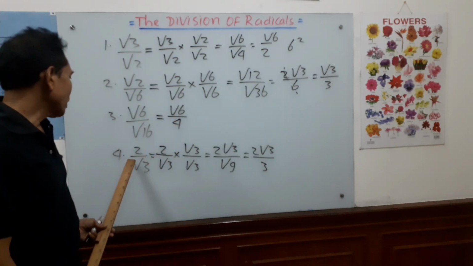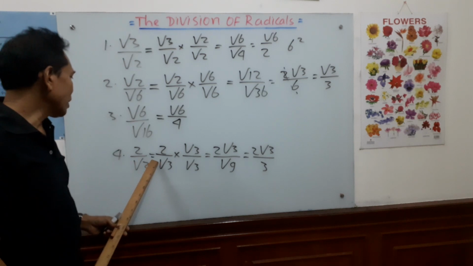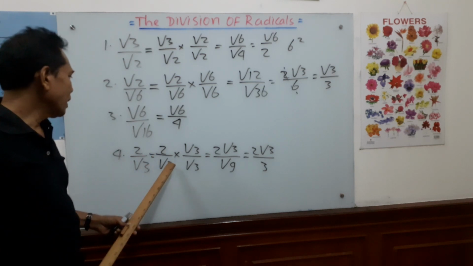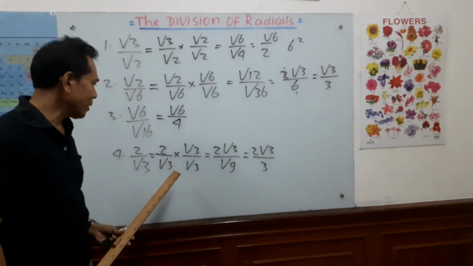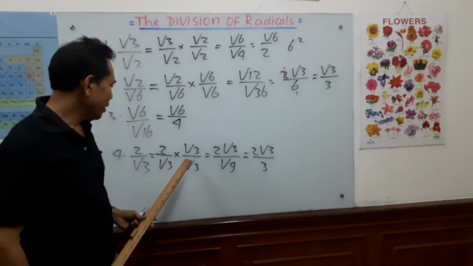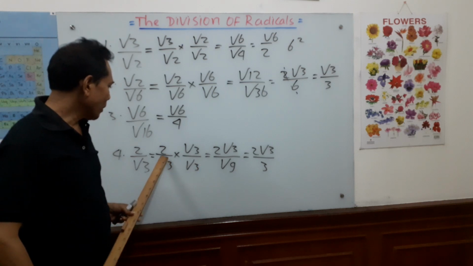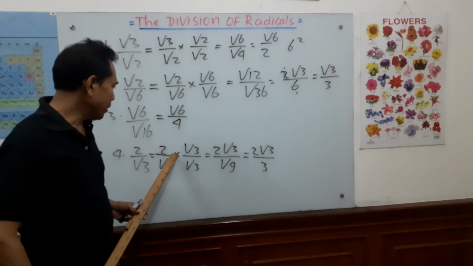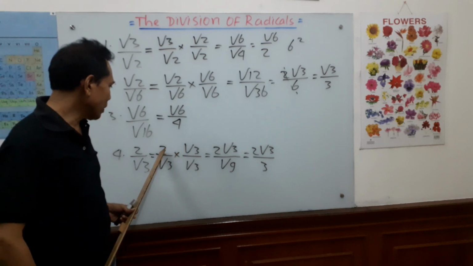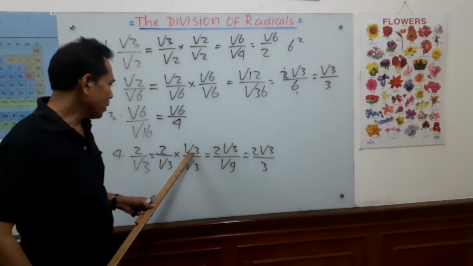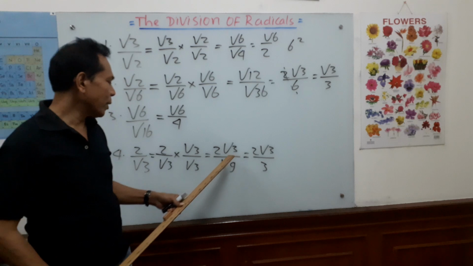Now number 4, 2 over square root 3. And we rationalize the denominator. Square root 3 over square root 3 equals, we cross multiply this, there is 1 here, so 2 times 1, 2, and square root 3, so 2 square root 3.